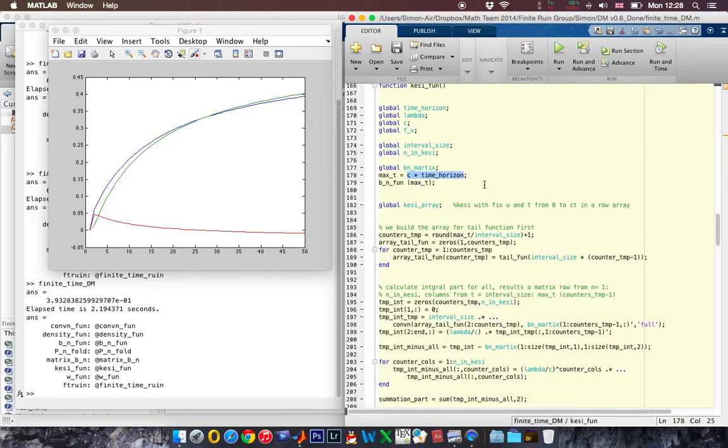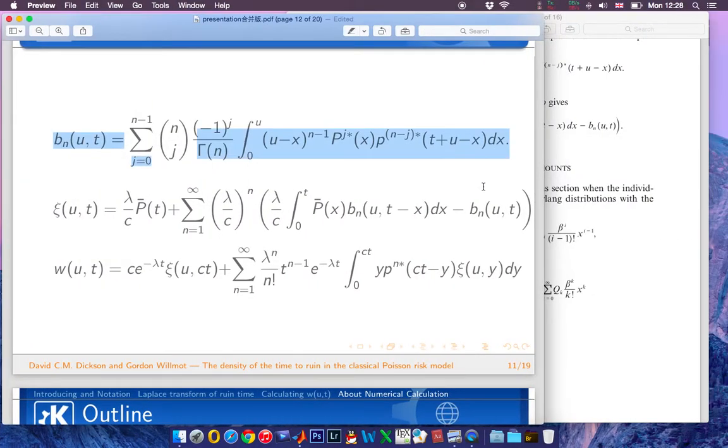And in order to make our function run much faster, I built c into a vector, because you see here, when you try to approximate this integral, you still require a lot of c's with different values at different times, y ranging from 0 to ct.